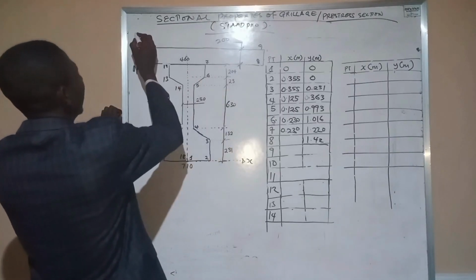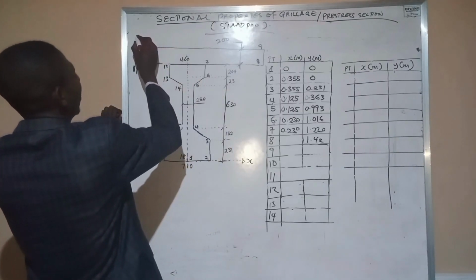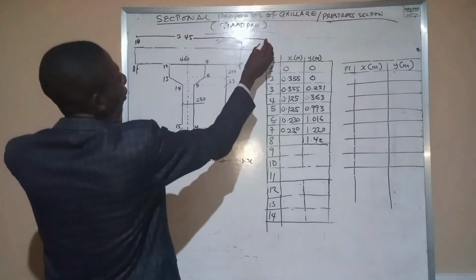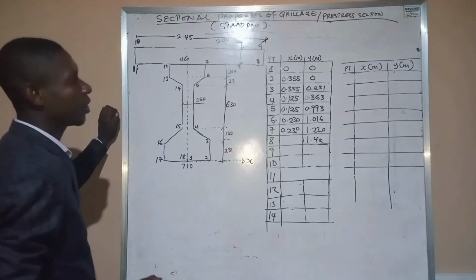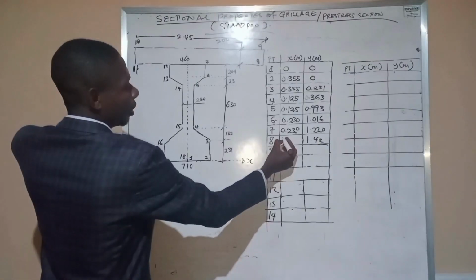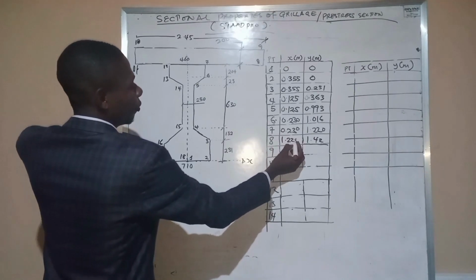But remember that this flange is 2.45. So if the flange is 2.45, it means from the center becomes 1.225.